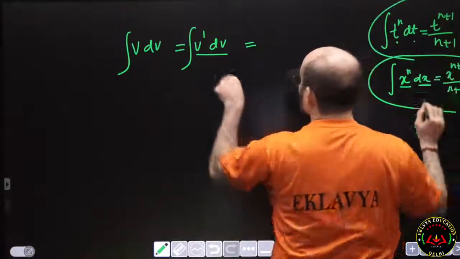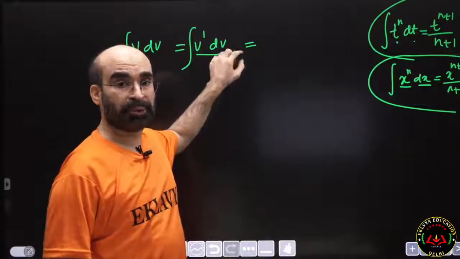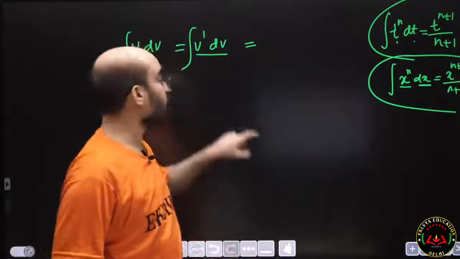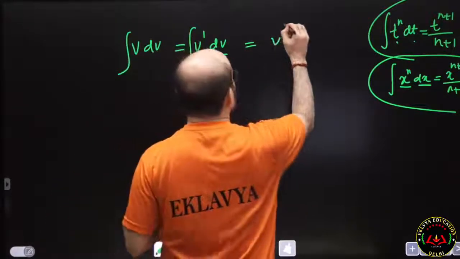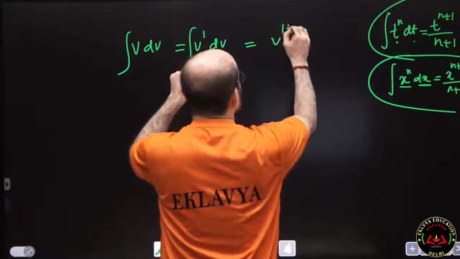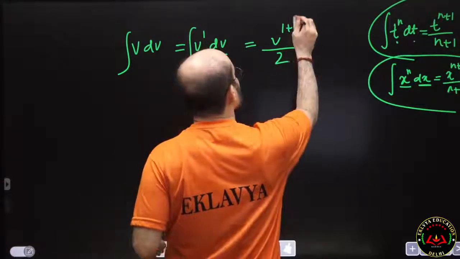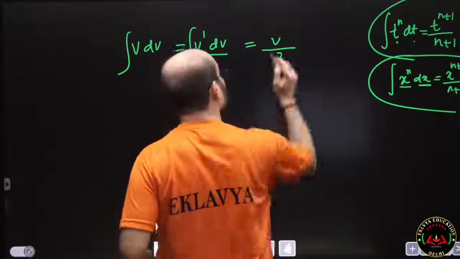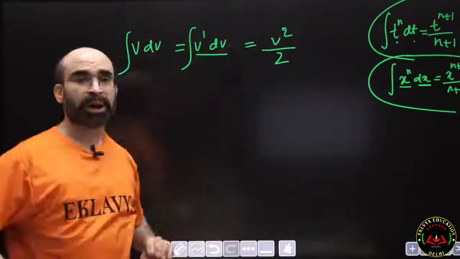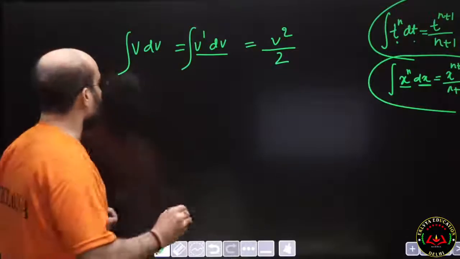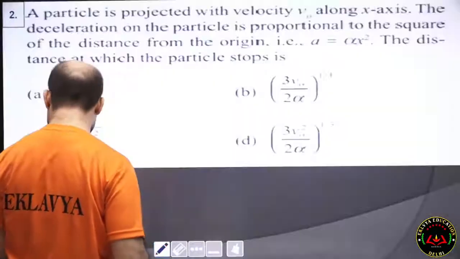So here, v raised to power 1 into dv, the way we have done that, we apply it here. It is going to be 1 plus 1, that is 2, divided by 2. So this is v square by 2. This is what we are going to get. Now, just have a look.